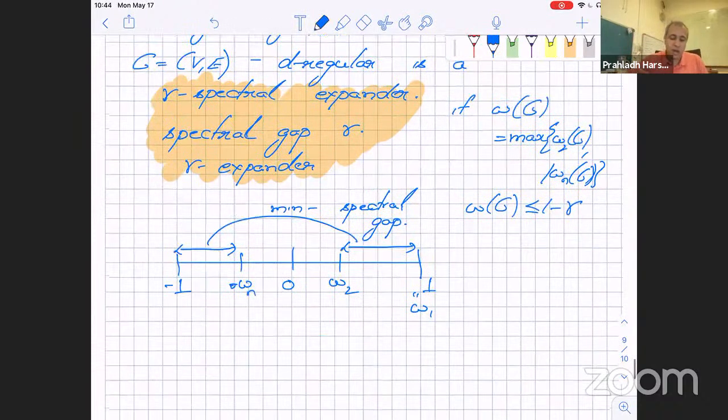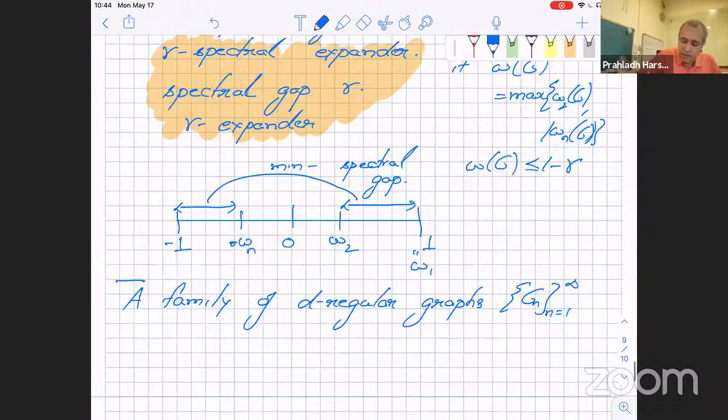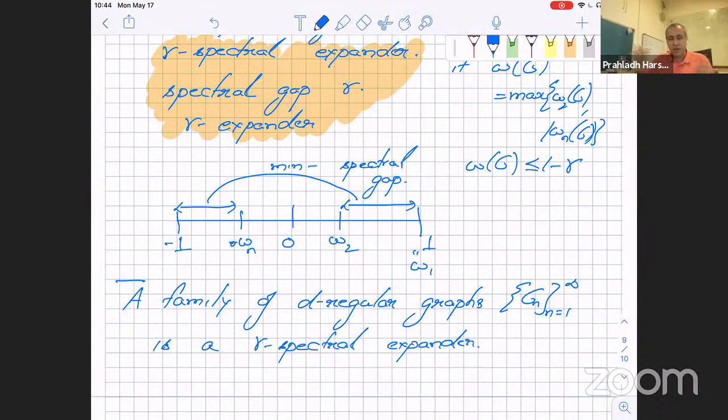So we'll say a family of d-regular graphs Gn, n going from 1 to infinity, is a gamma spectral expander if, firstly, the graphs are all d-regular, and it's a growing family.